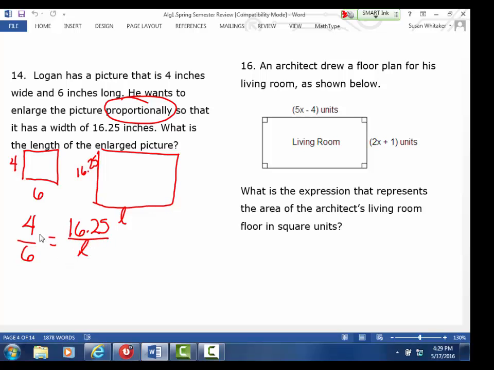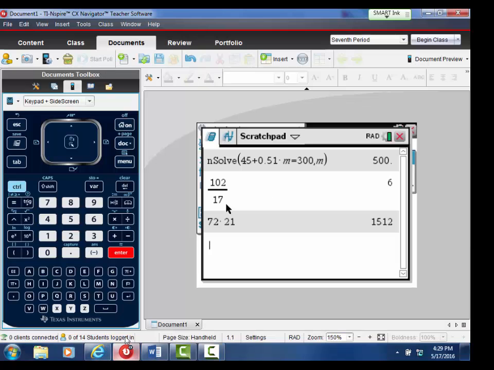And we will multiply on the diagonals there. So 4L equals, let's see, do I have a cheat sheet? I do not, so I'm going to have to go to my calculator. Okay, so we do 16.25 times 6.